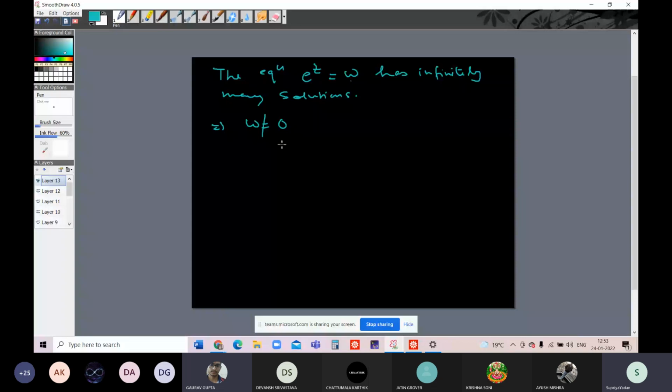So this w can be written as r e to the power i phi, where this r will be the modulus of this w, so it is mod of w, and this phi must be the principal argument of this w. Capital A denotes the principal argument and small a the argument. Okay.